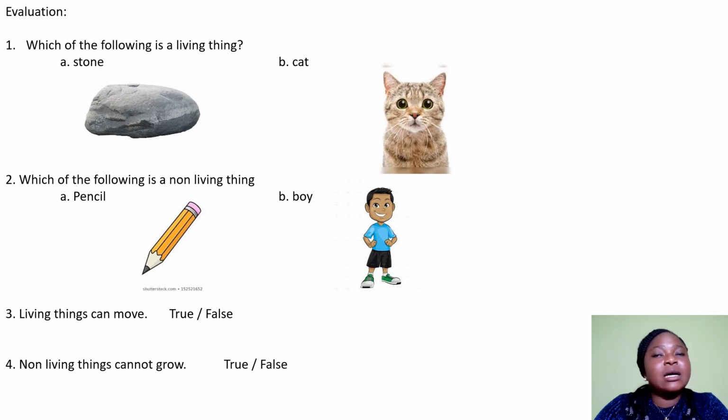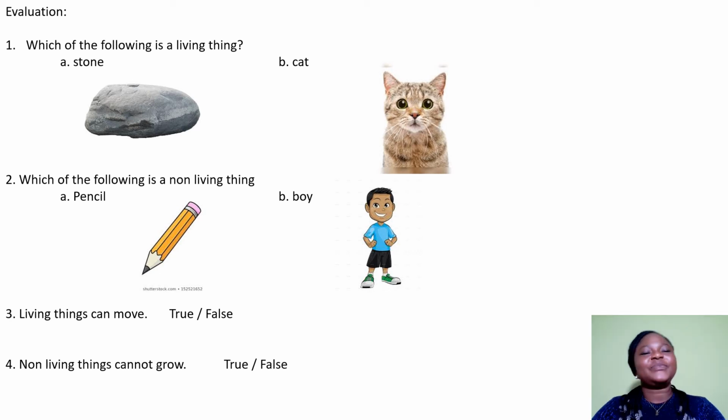We learned some examples, and we came to non-living things. We said they cannot move, they cannot breathe, they cannot grow, and cannot reproduce. Non-living things do not have any kind of life in them.